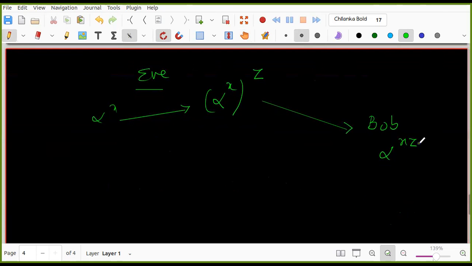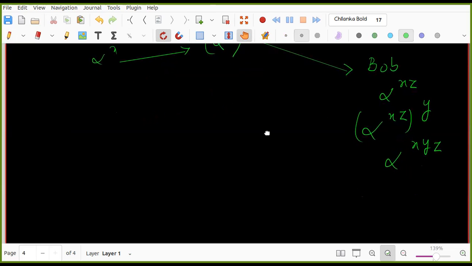Instead of alpha power x, now he got alpha power x z. Am I right? Now what will Bob do? Bob has y, right? So finally, we will get alpha power xyz. Am I correct?